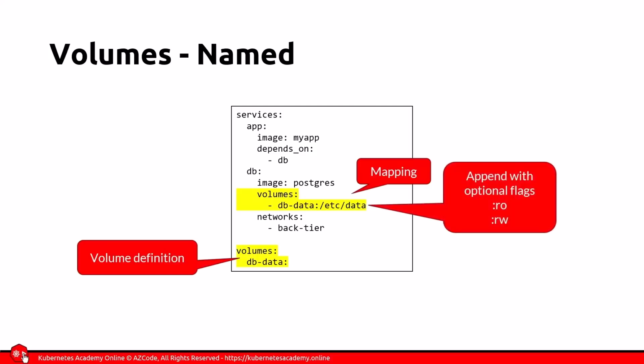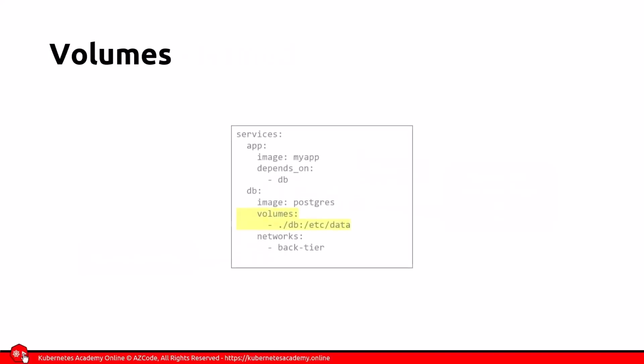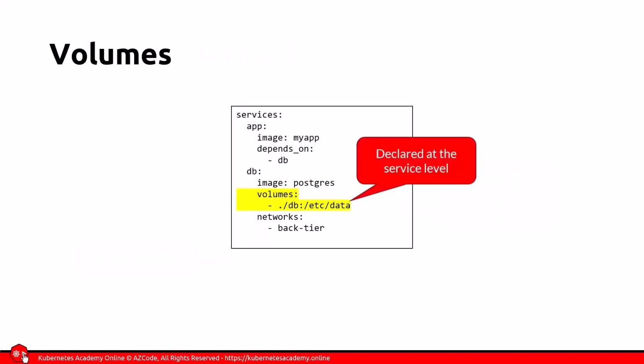Optionally, you can make the mapping read-only by appending colon RO to the mapping. You can also create a mapping without using a named volume. This mapping can't be shared across services.